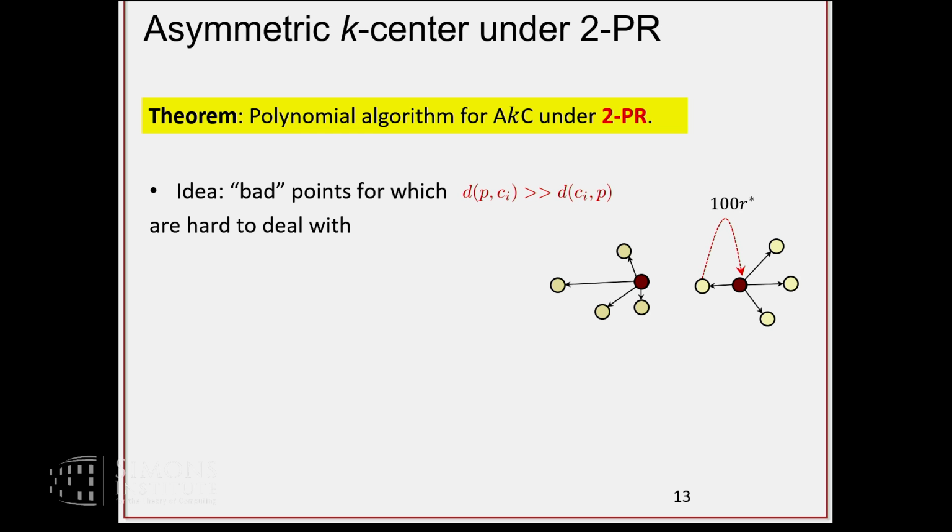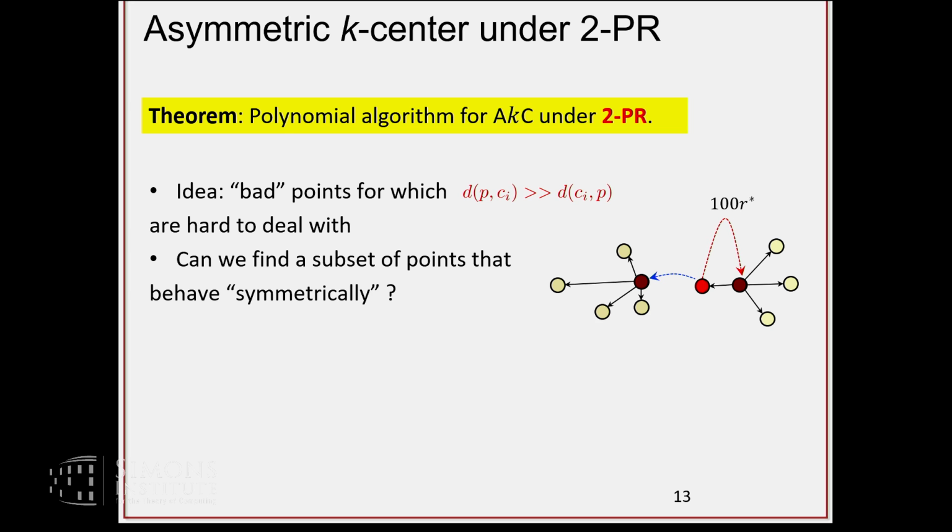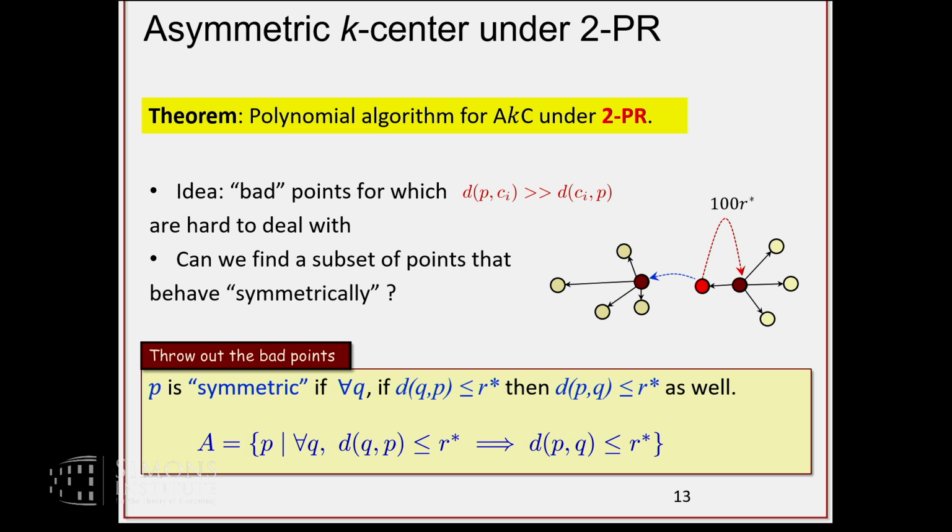So maybe there are some really bad points that are really far away going from the point to the center. And it turns out these points are going to give us a lot of trouble, because they can sit really close to other clusters and make it really hard to distinguish the different clusters. So what would be really nice is if we can find a subset of points that excludes these bad points. And so that's going to motivate the following definition.